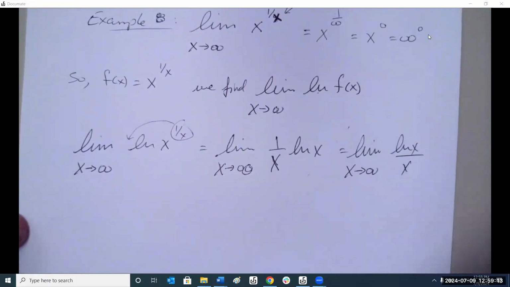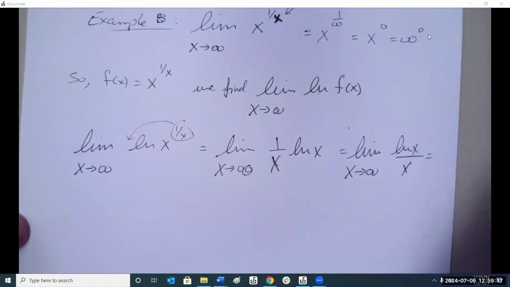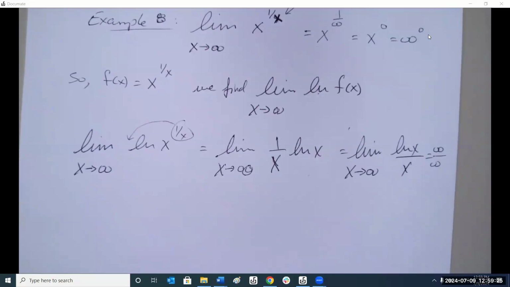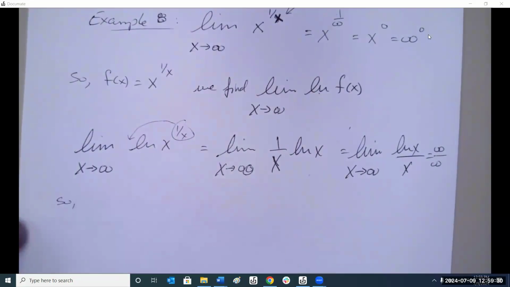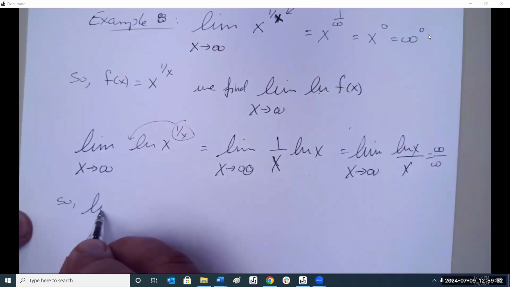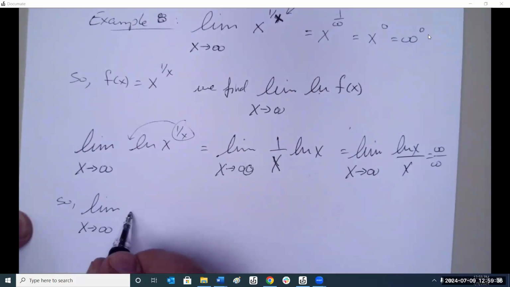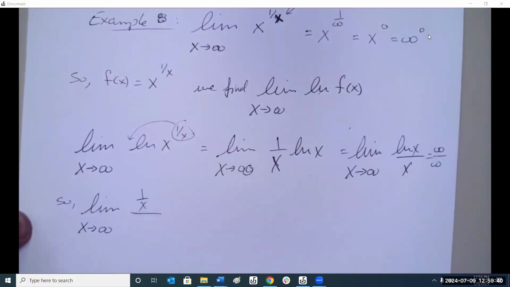As we go to infinity, what happens? The limit of ln at infinity is what? Infinity over infinity. So we could use L'Hopital's rule. So the limit as x goes to infinity, the derivative of ln x is 1 over x.